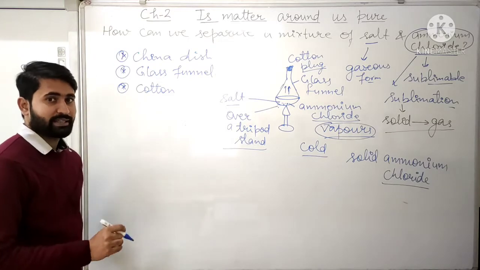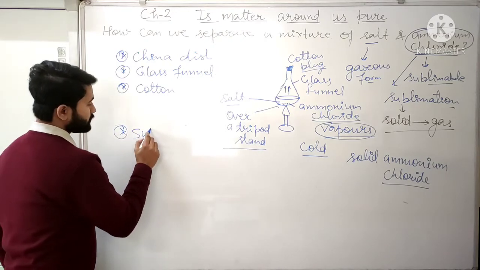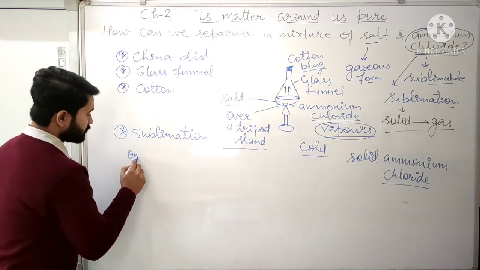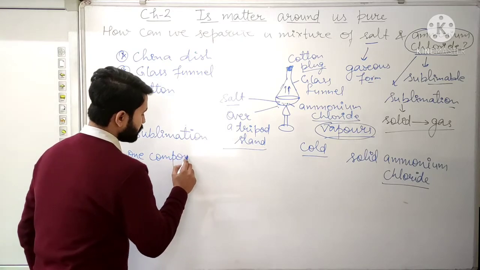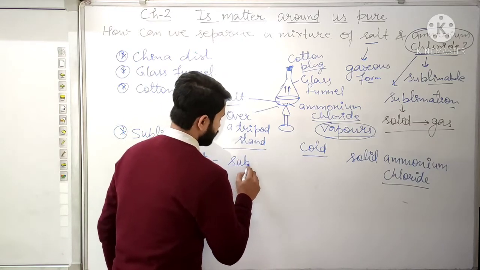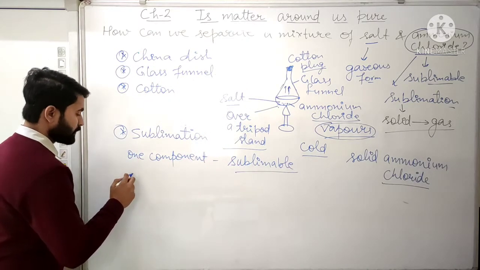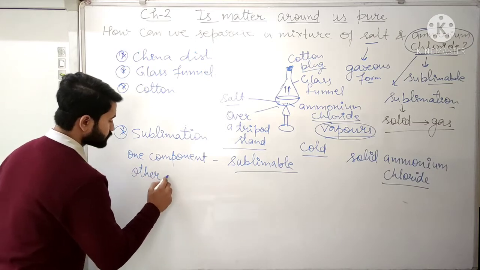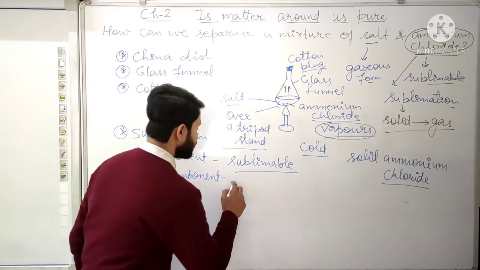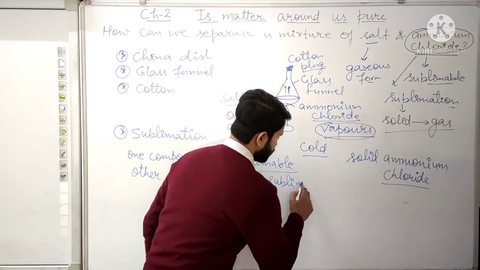So for separating a mixture by sublimation, one component of the mixture should be sublimable, which means it can undergo sublimation, and the other component should not go under sublimation, which means it should be non-sublimable.